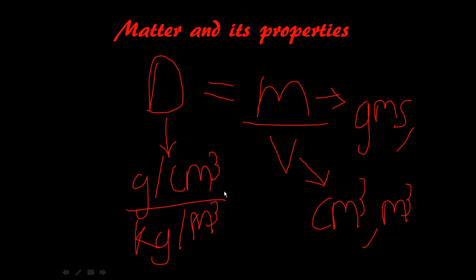The most commonly used unit is grams per centimeter cube, and for your general knowledge, water has a density of 1 gram per centimeter cube, or 1000 kgs per meter cube. This is all about matter, mass, volume of any matter, and density.